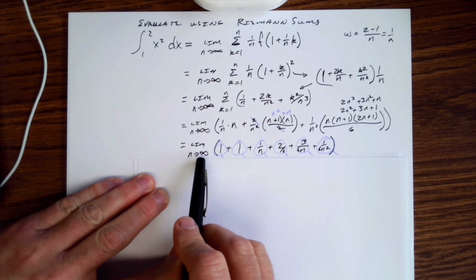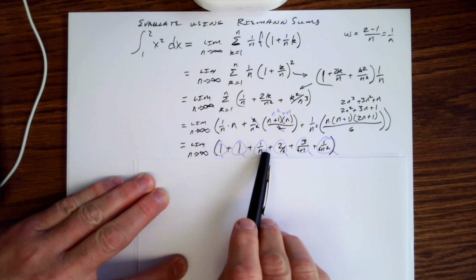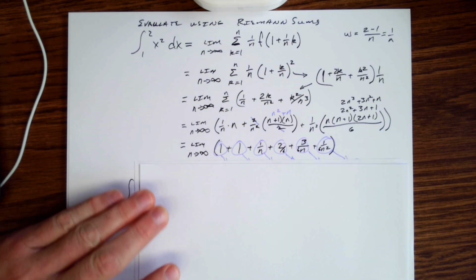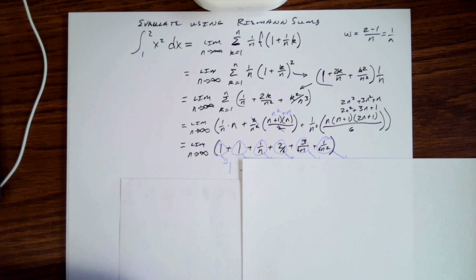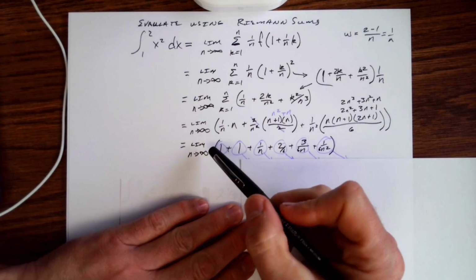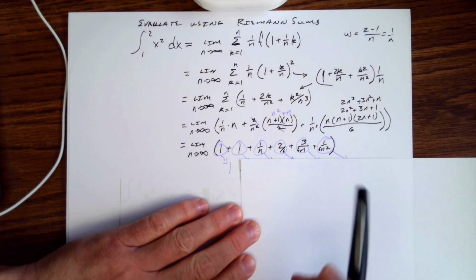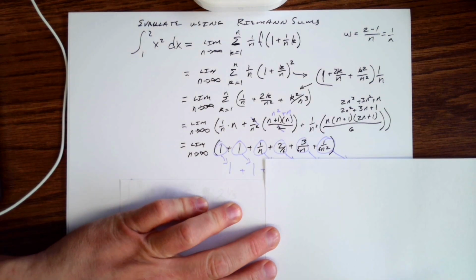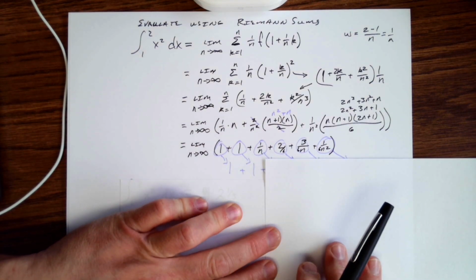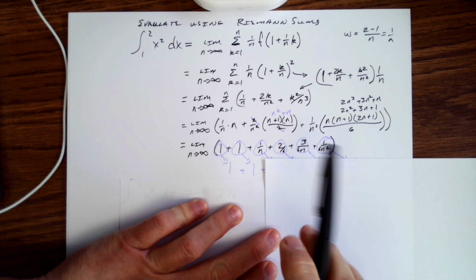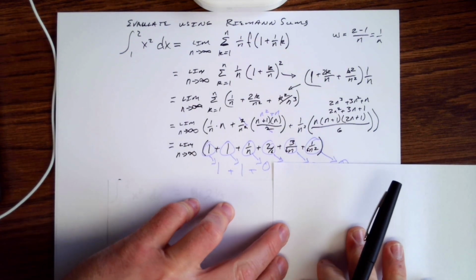Now, I'm going to let n go off to infinity, and I'm going to look at each piece individually, which is why I circled each one. As n goes to infinity, 1 goes to 1. As n goes to infinity, 1 goes to 1. As n goes to infinity, 1 over n goes to 0.